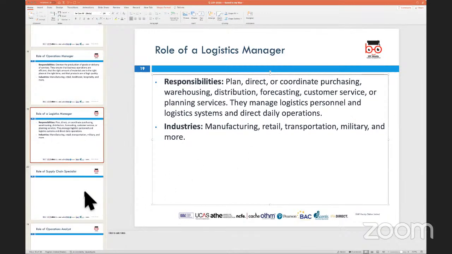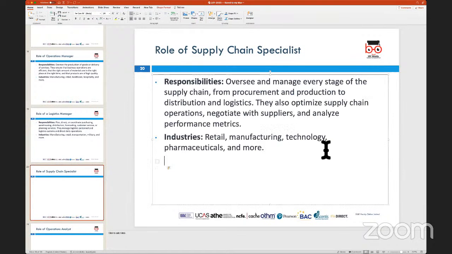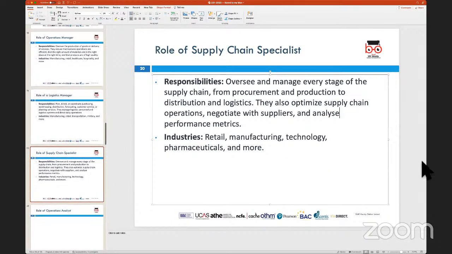And when we talk about a supply chain manager or a supply chain specialist, they would be looking at overseeing forecasting, procurement, production side of things, and their role could be in any of these industries. And the idea here would be to try and analyze, what do you think that role would involve?